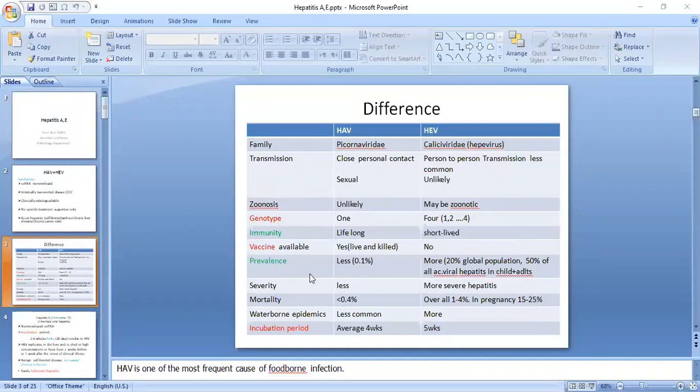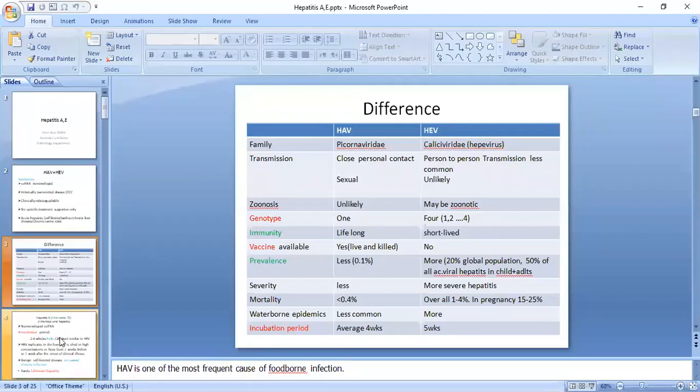Both of these viruses cause waterborne hepatitis, and it is more in case of E virus. Regarding incubation, no significant difference is there. The incubation period in case of A is 4 weeks, while in case of E is 5 weeks. So these are some differences.